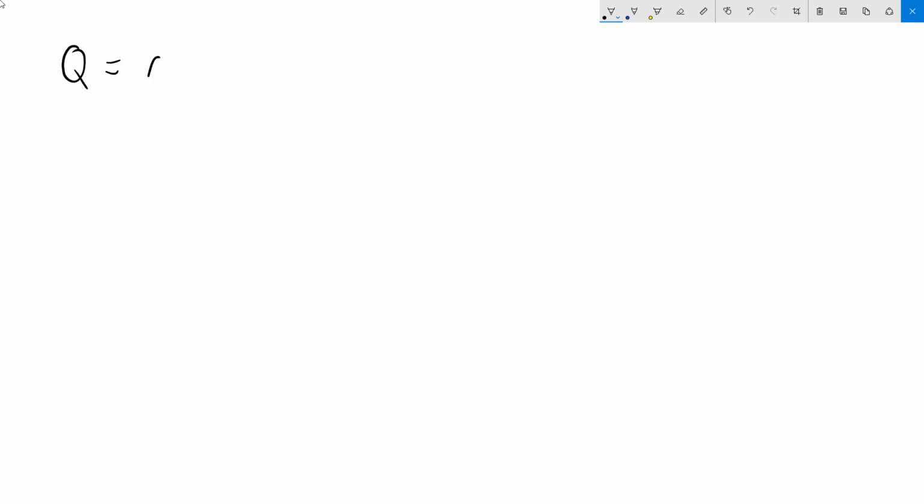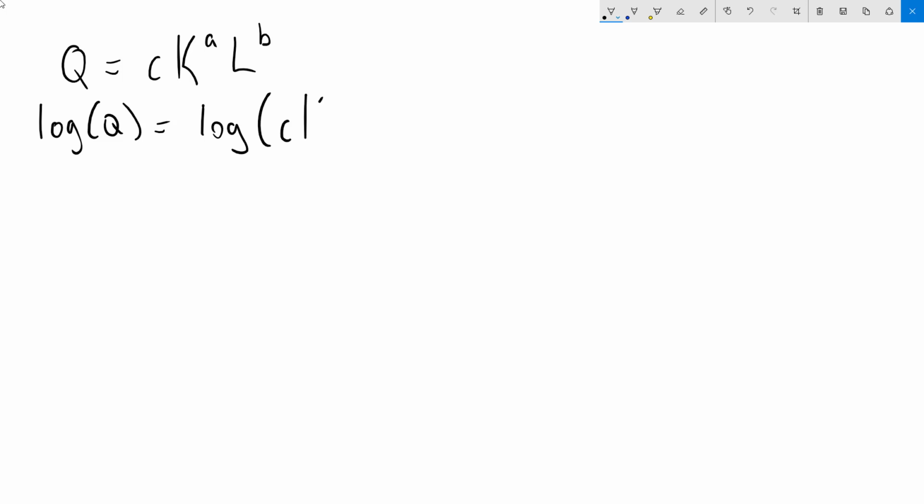We're going to start out with our production function Q equals c K^a L^b. We're going to apply logs to this by just taking the log of both sides. So we're going to get log of Q equals log of c K^a L^b. This is where our log rules come in. Remember that when we have a bunch of things multiplied inside of a log, we can separate those out as follows.